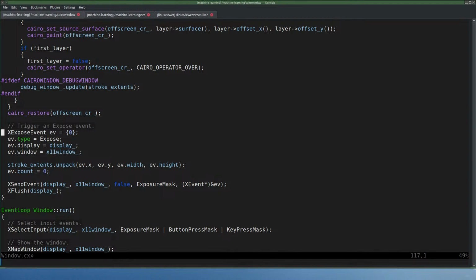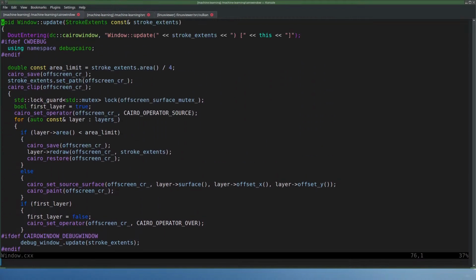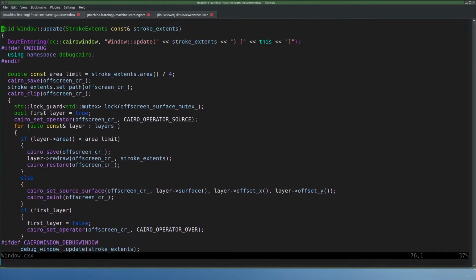Why is it doing an expose event here again? Update. Right. Maybe I should just not call update then, or that won't work? Oh, that kind of sucks. Yeah, okay. It does suck. Or does it? Maybe I should just not flush it.